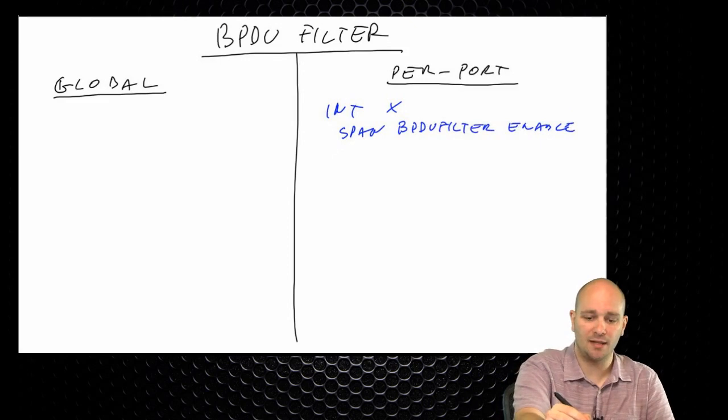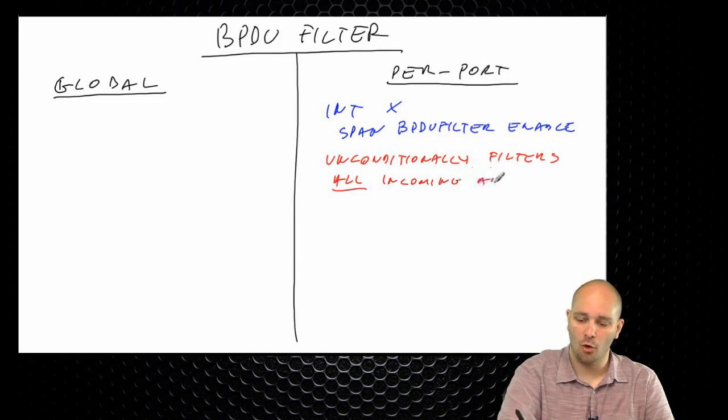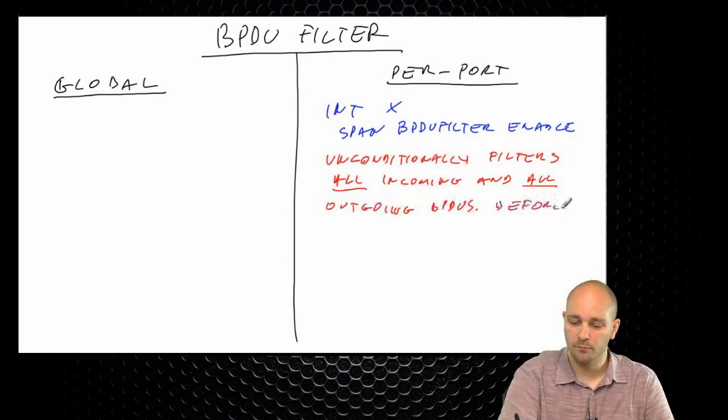Now, what this command does is unconditionally filters all incoming and all outgoing BPDUs before they are seen by any other feature.